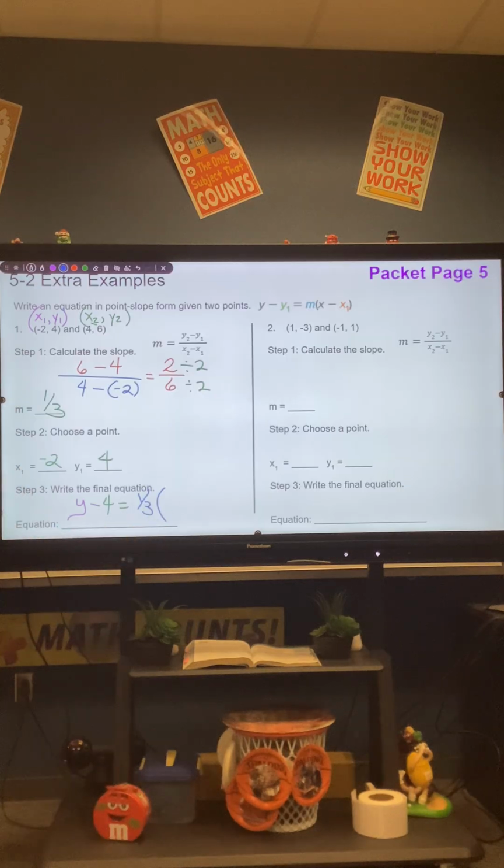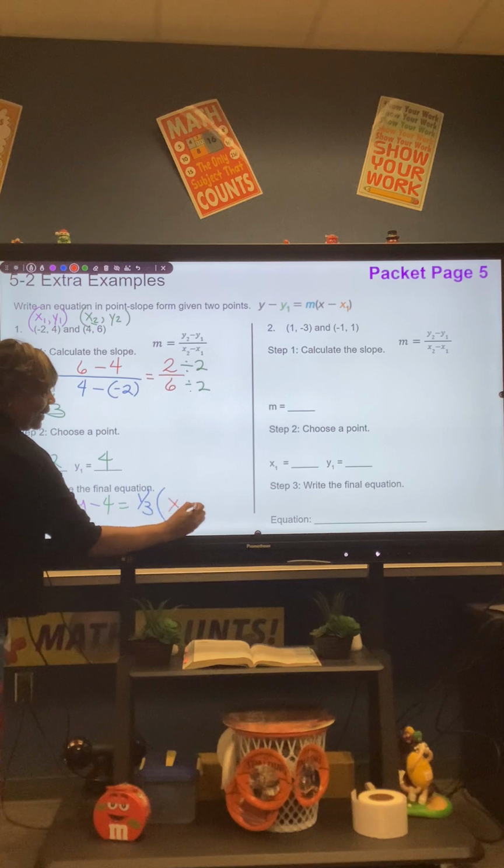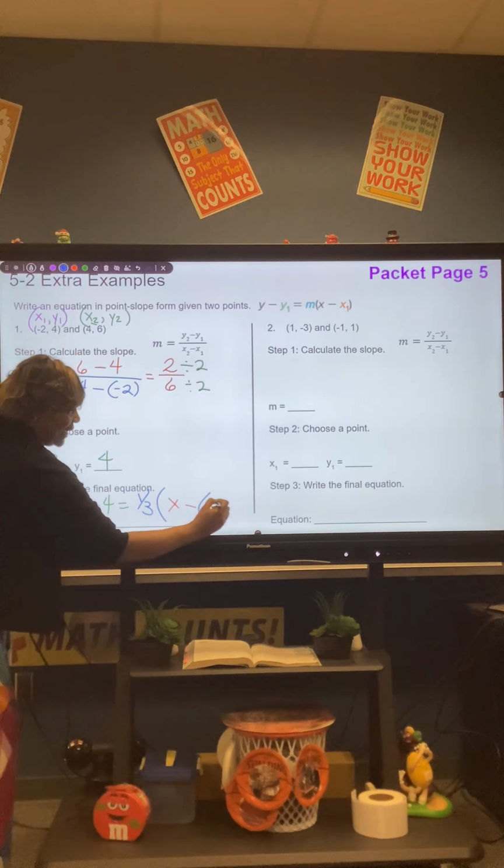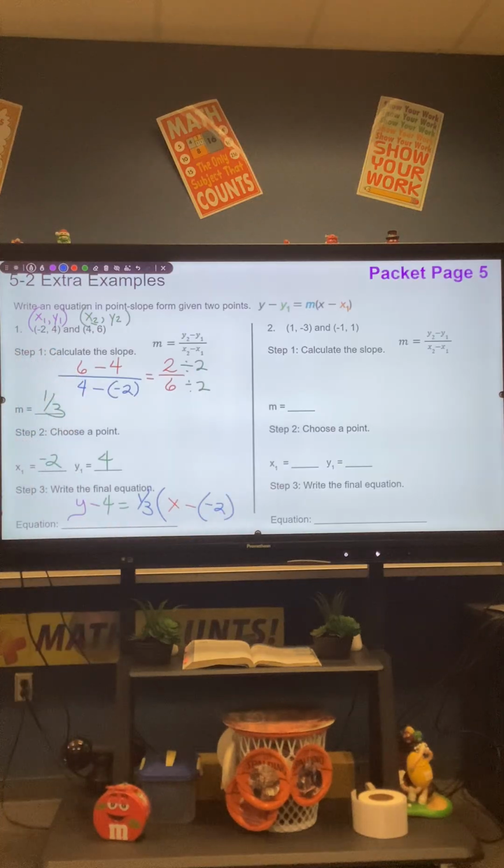My x is still my x, and it's minus x1. My x1 over here, I'm going to put this as a negative what? -2. Double negatives become what?